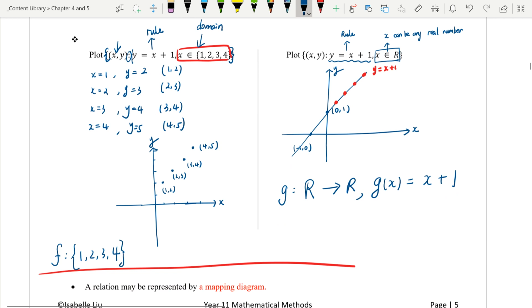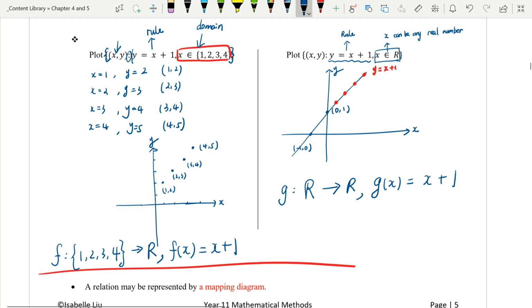And then what do we have? No, something is missing after that. Arrow on, comma, and then yep, here. Get it?